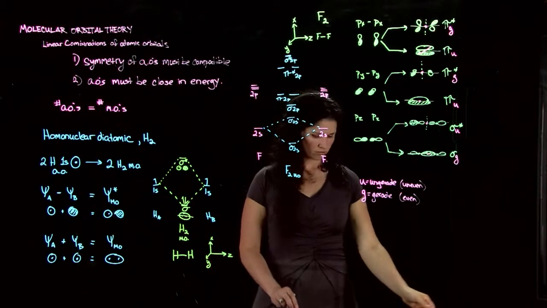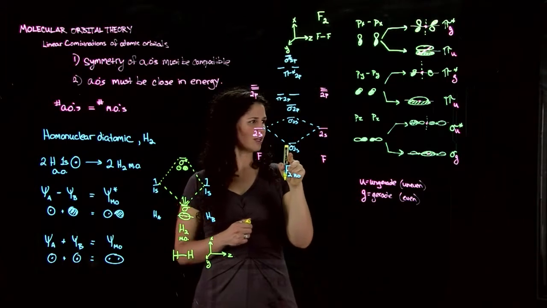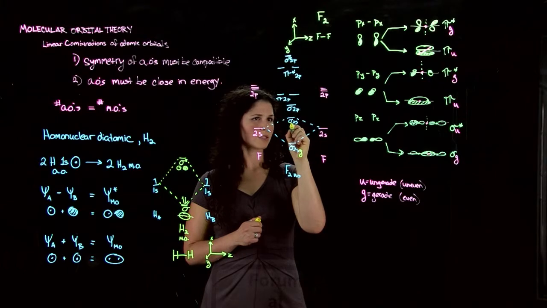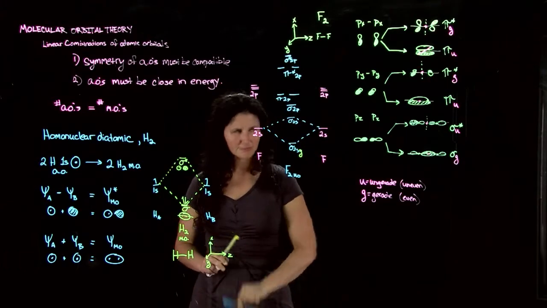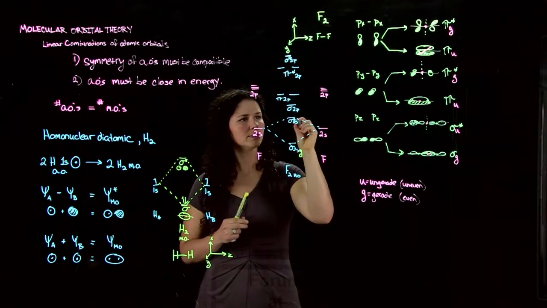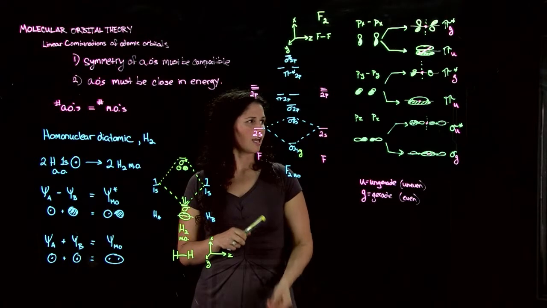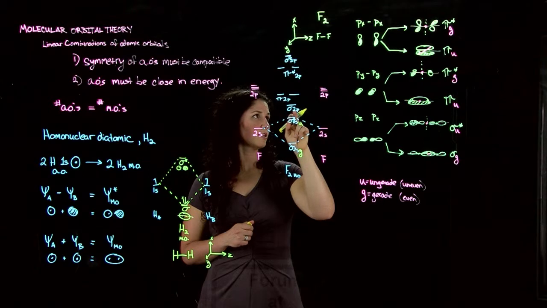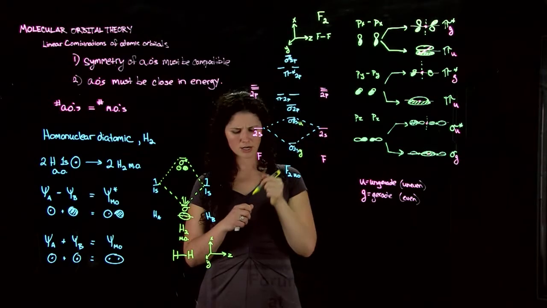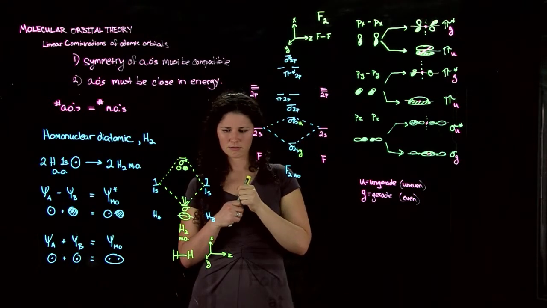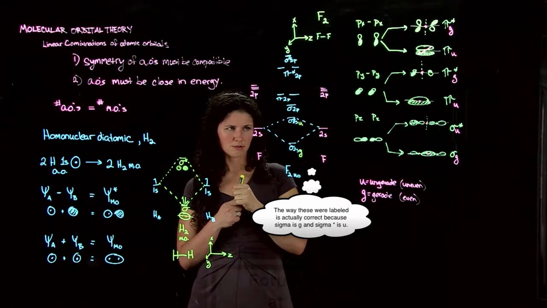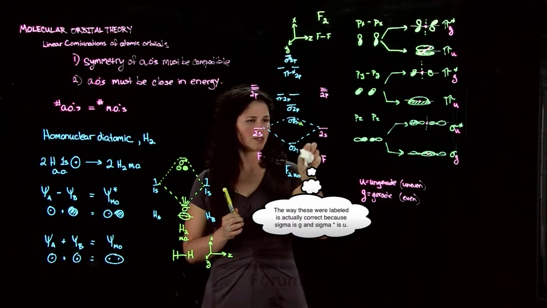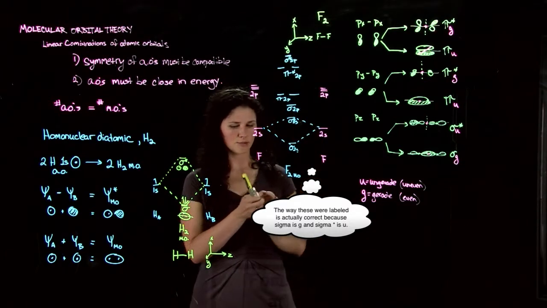And so for my sigma, I said that the bonding was going to be a G, and the sigma star, which I didn't label, is really a U. You actually don't label the 2s ones with G or U. You only label these.